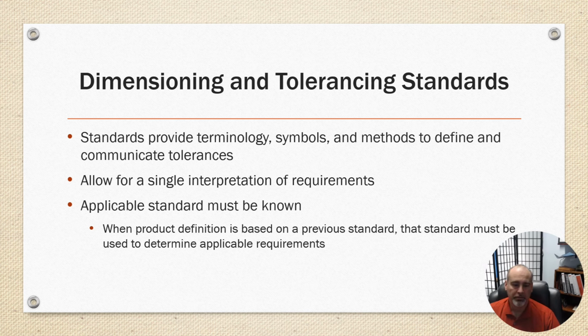So if you have old drawings, they're held to whatever standard is written on that drawing until they're revised. So there have been some changes recently where they dropped some symbols that we'll talk about later in the class. We'll still learn about them because you're going to see those symbols on legacy drawings and need to know how to interpret them.